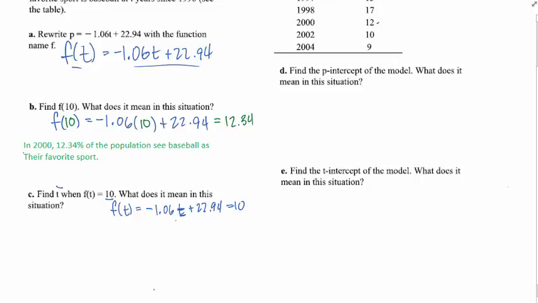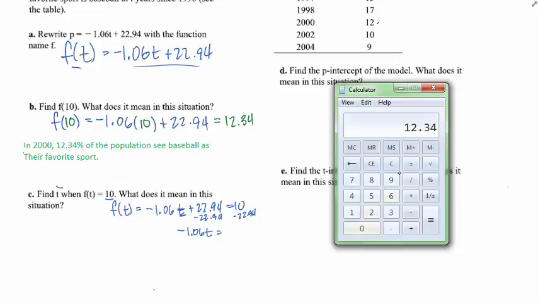So we're solving for t, and we would subtract 22.94 from both sides, and then what we would have left on the left hand side is negative 1.06t is equal to whatever 10 minus 22.94 is equal to. So that looks like it's going to be negative 12.94.